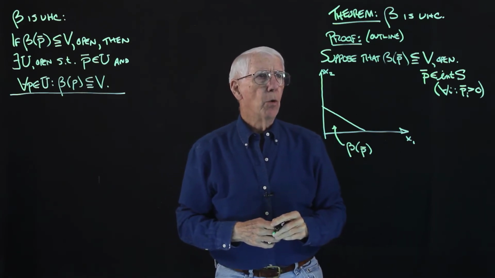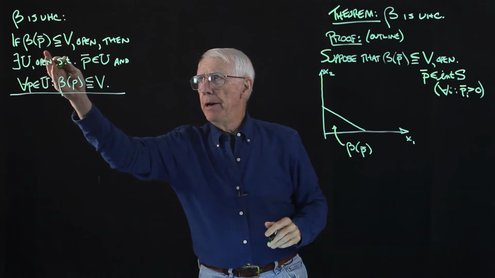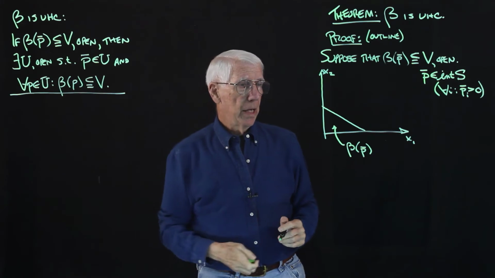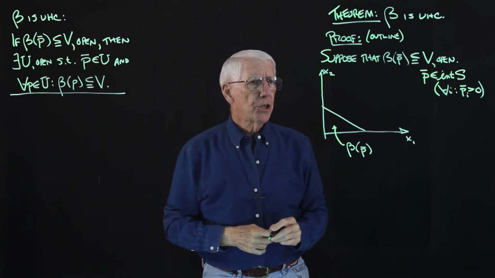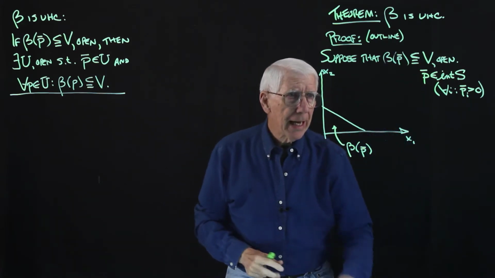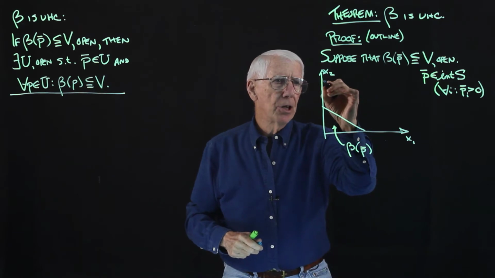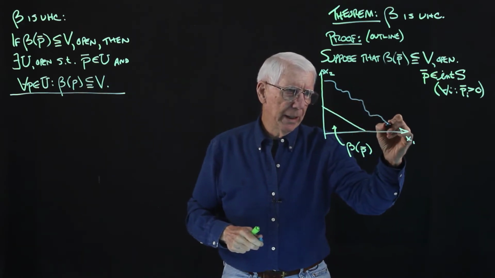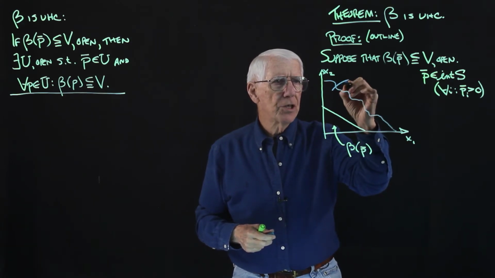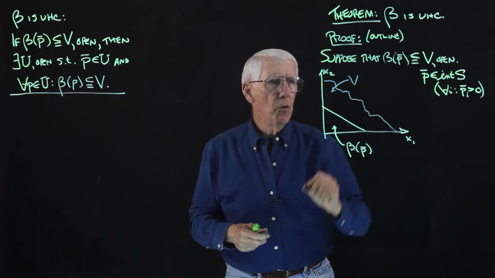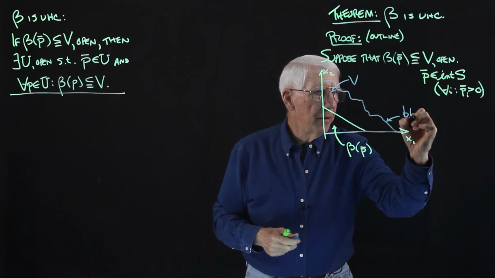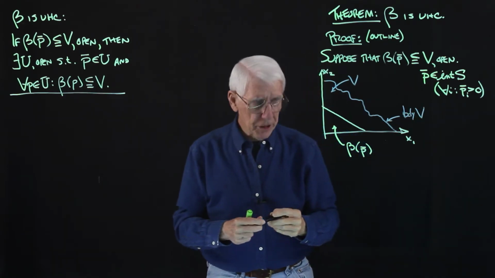And so we need to find a neighborhood of P bar that will do what it says down here. And so let's start off by saying, well, I guess we haven't actually drawn the set V. So let's actually draw our open set V. Let's take this squiggly line here, and let's say that everything below this squiggly line is the open set V. So the squiggly line itself is the boundary of that open set.